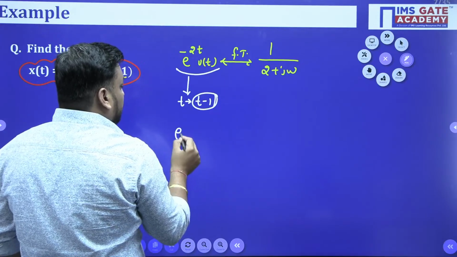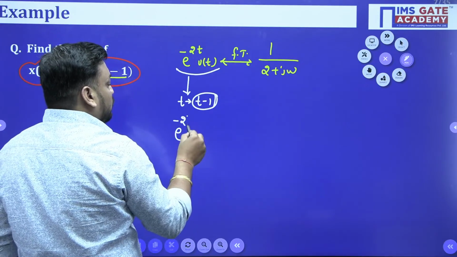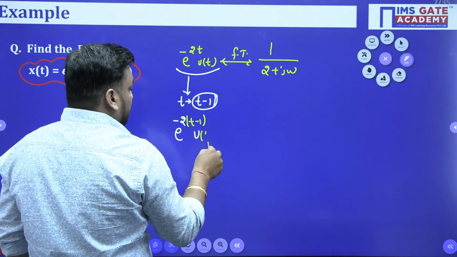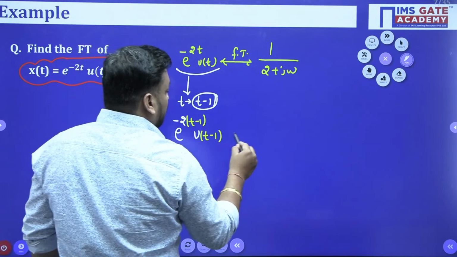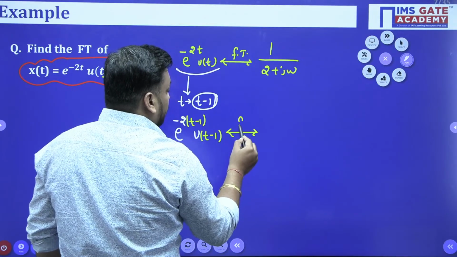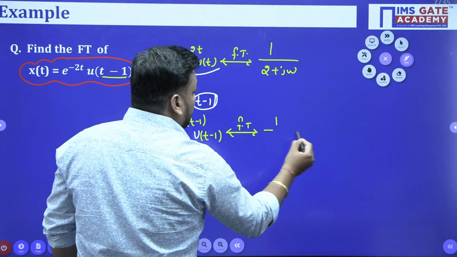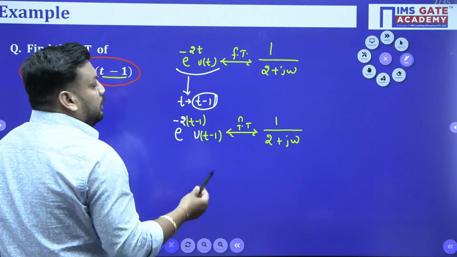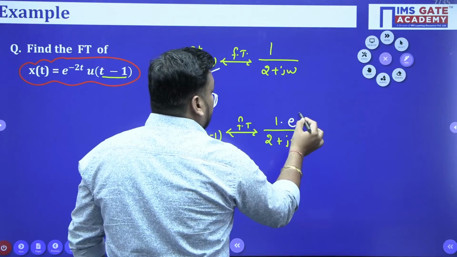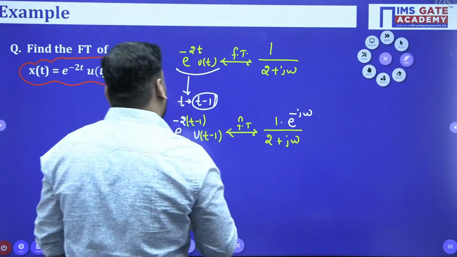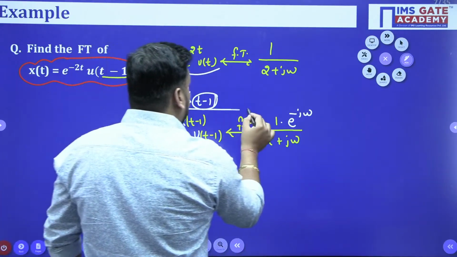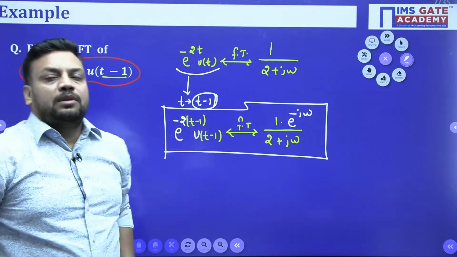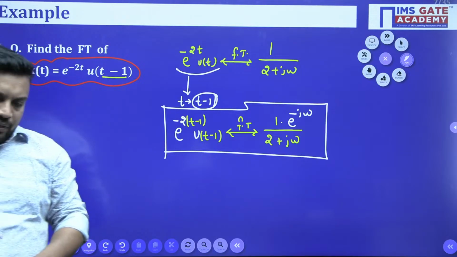So e to the power minus 2 in place of t I am writing t minus 1, and in u also, in place of t I am writing t minus 1. Its Fourier transform, 1 upon 2 plus j omega, will remain the same, and e to the power minus j omega will come into the picture. I hope this part is crystal clear to you. You don't have any single doubt, I hope.